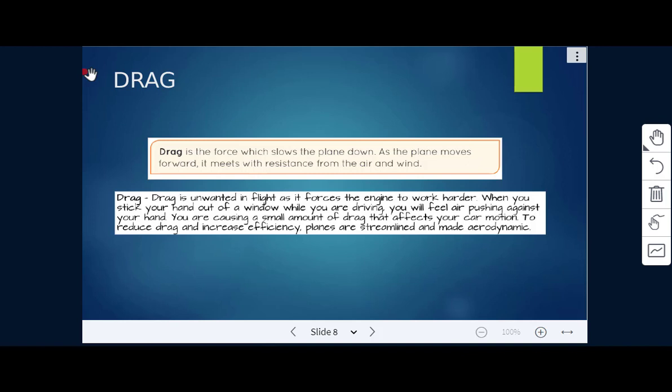Think about if you ever stick your hand out of a window while you're driving, you could feel air pushing against your hand. That means you're causing a small amount of drag that affects the car's motion. To reduce drag and increase efficiency, planes are streamlined in shape, and that makes them more aerodynamic.